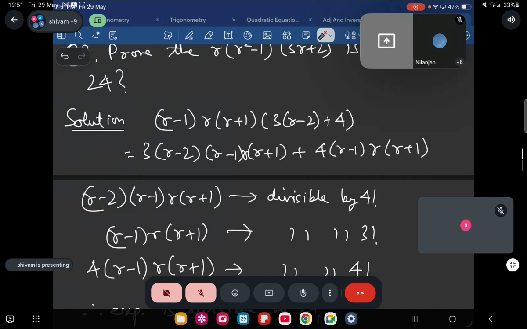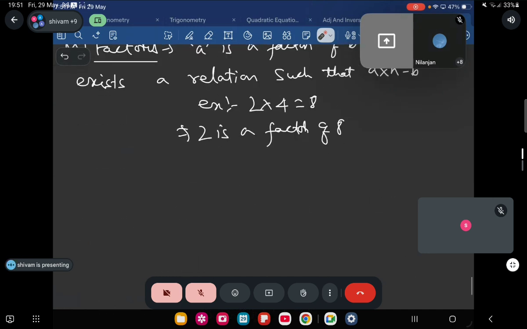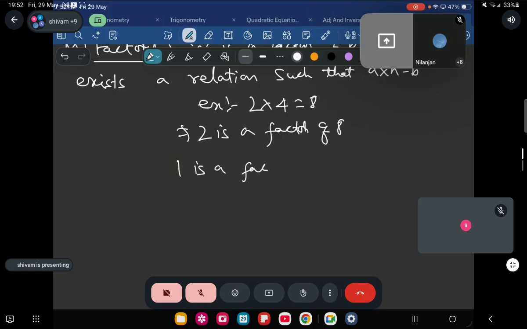Next. 2 is a factor of 8. Okay, next. 1 is a factor of all the numbers. Okay, everyone, 1 is a factor of all the numbers. Next.